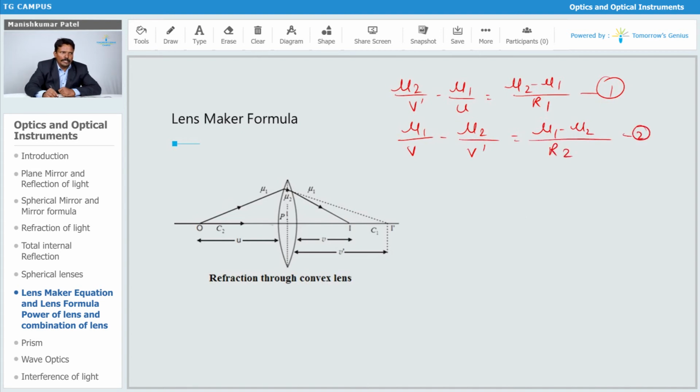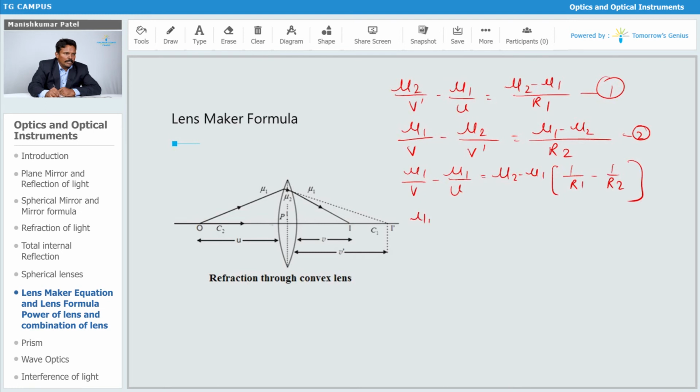Now just add these two equations. If you add them, you get mu1 upon V minus mu1 upon U equals mu2 minus mu1, which you can take common, times 1 by R1 minus 1 upon R2.